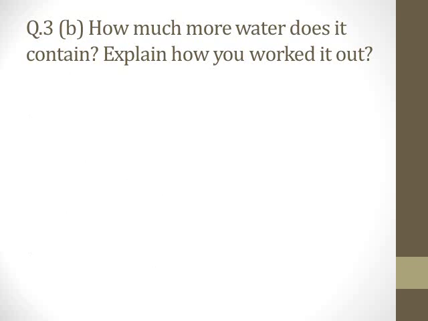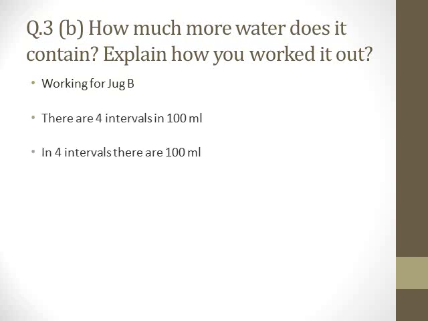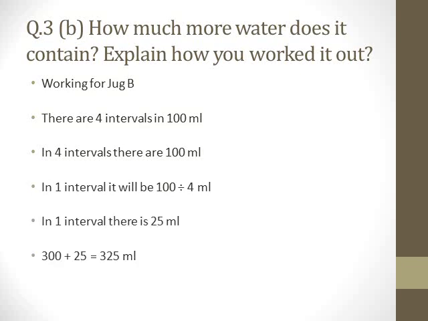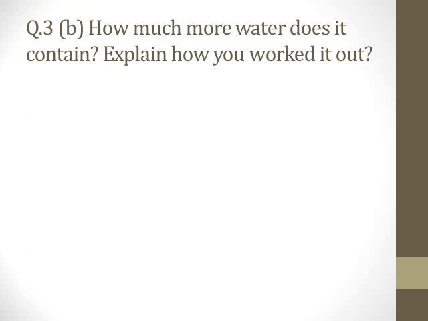So jug A contains 400 milliliters of water. Same for jug B: there are 4 intervals in 100 ml, and when I divide 100 by 4, I get 25. So one interval is equal to 25 milliliters. 300 plus 25 gives us 325 ml, so jug B contains 325 milliliters.